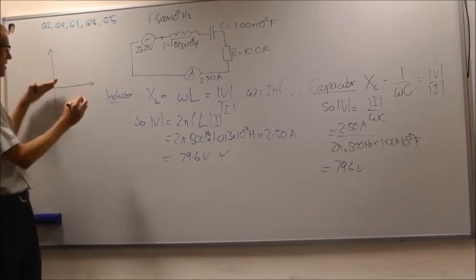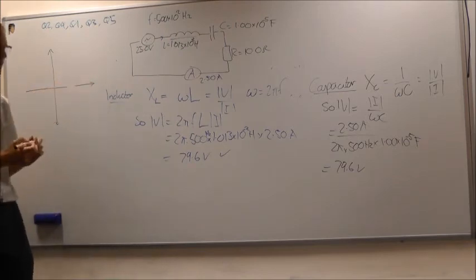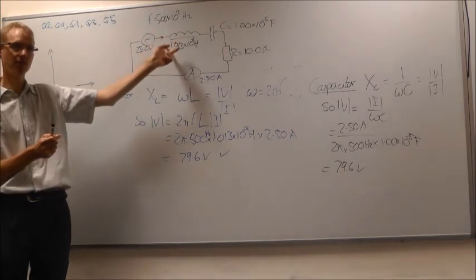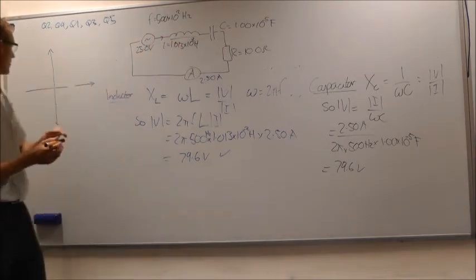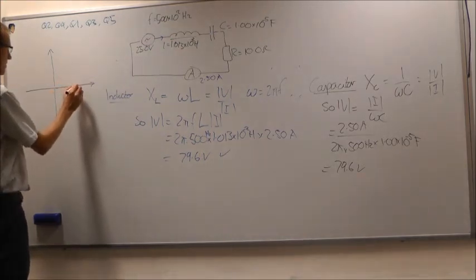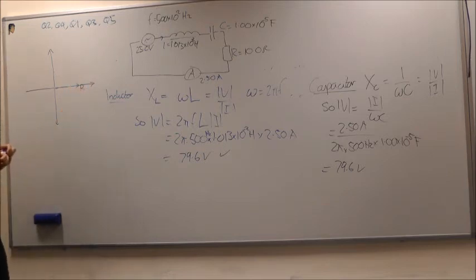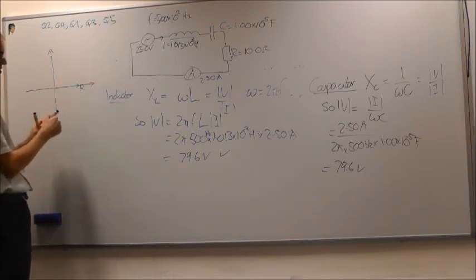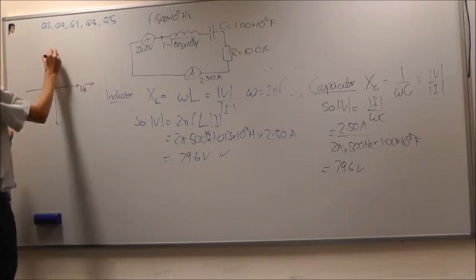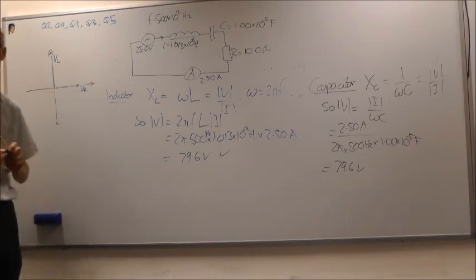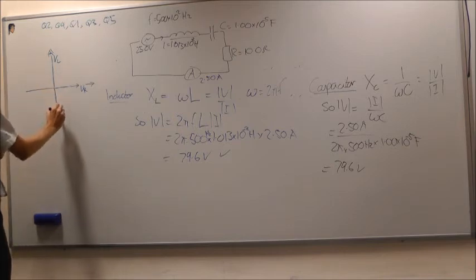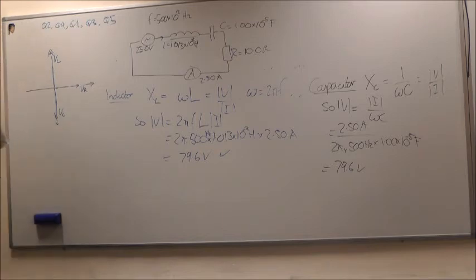So if we have our current phase pointing along there, that way, in our inductor, the voltage leads the current by 90 degrees. So if our R voltage goes that way in the same direction, in our inductor, the voltage leads the current. In our capacitor, the voltage trails the current.